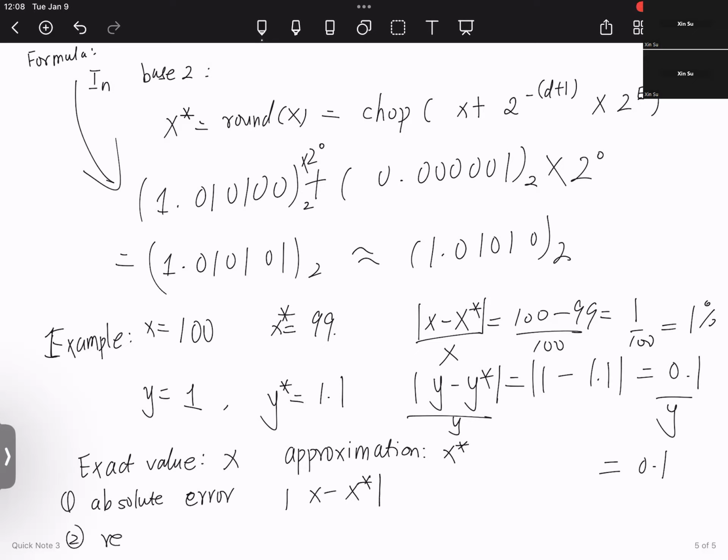The relative error is in this way: the difference divided by the exact value. This is the relative error. When we talk about error in numerical methods, most of the time we focus on the relative error, because this is the true measure of the error. Any questions? We have 5 minutes left.